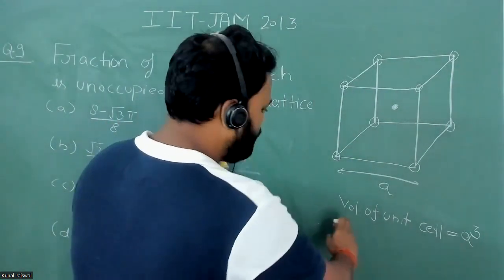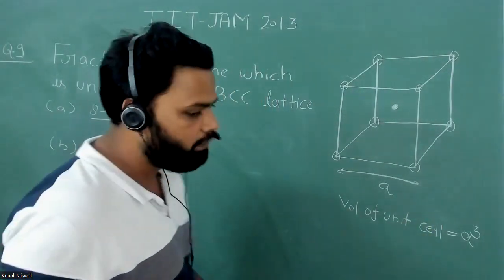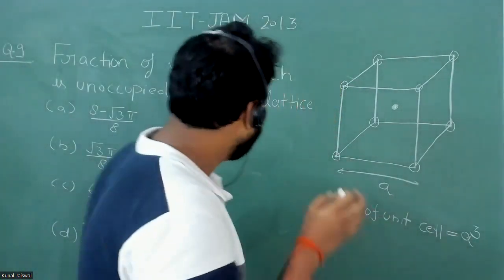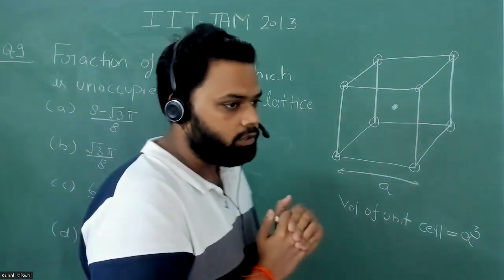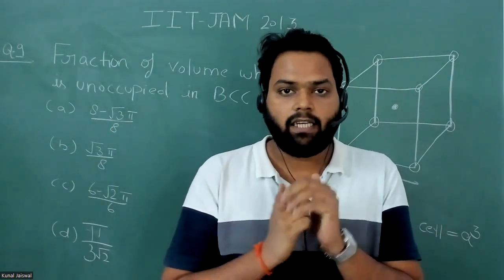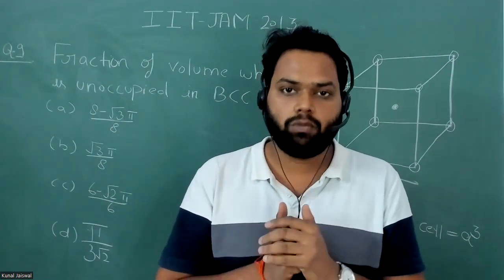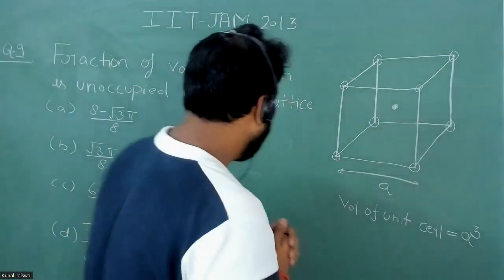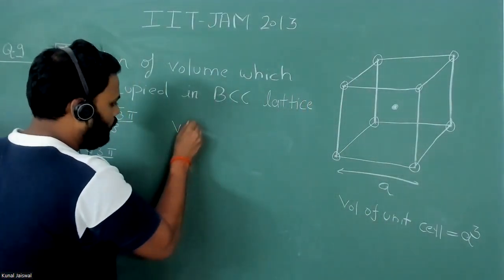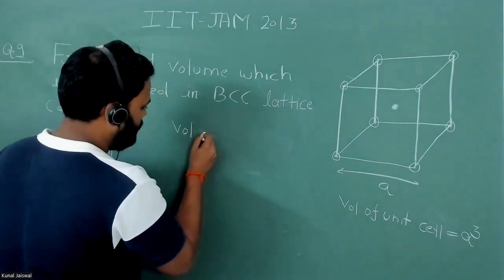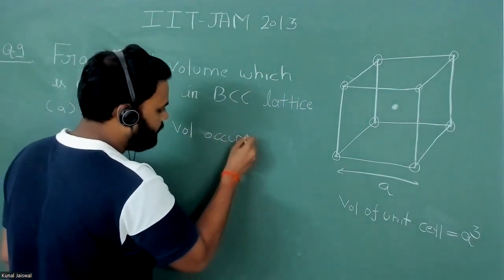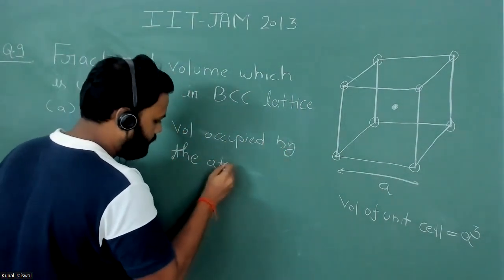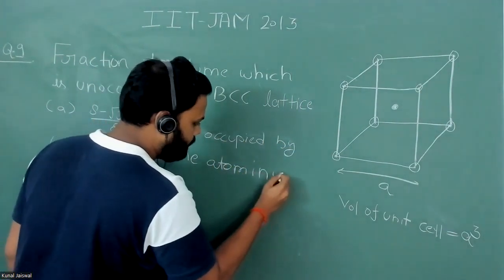See, the volume of the unit cell is a cube. Now we will find the volume of the unit cell in which atom is present. Okay, so we know that the effective number of atoms present in a unit cell for the BCC lattice is 2. So we are writing the volume occupied by the atom in unit cell.